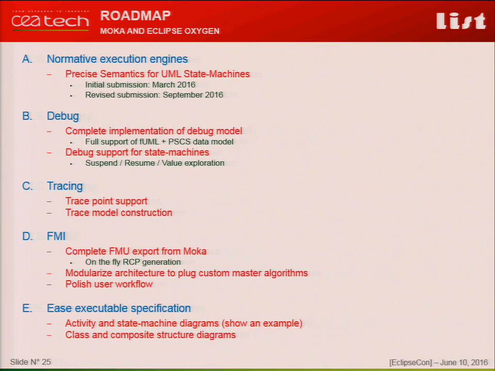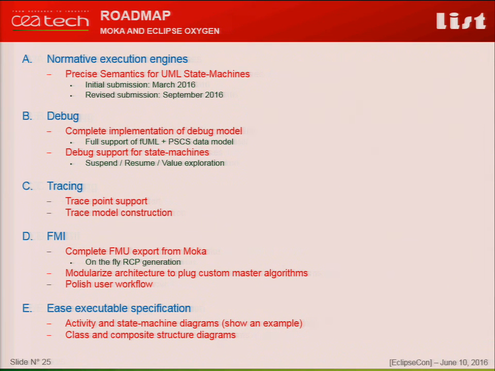For the debug part, we need to have full support of fUML and the PSCS data model. And we need to enhance the debug mechanism to make sure that we'll be able to control state machines in the same way that we are already controlling activity execution. We have some support for tracing, but this still needs to be consolidated and is not released yet. And this will probably be part of the Oxygen version.